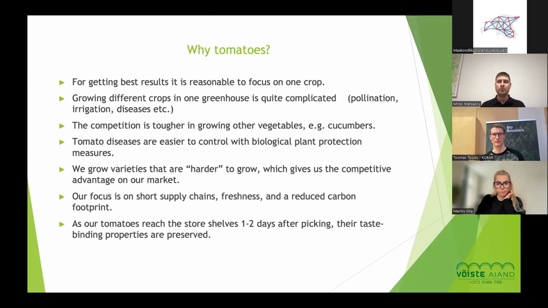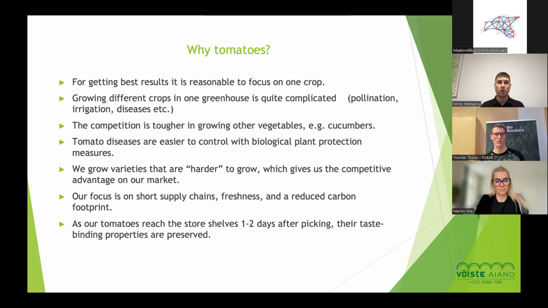And if you are cross-pollinating them, you can get curvy cucumbers. So it's not a very good thing, and it's quite hard to keep the pollinators, bumblebees, away from the cucumber, because the cucumber is much more attractive to the bumblebee than the tomato. Then we saw quite big issues with it, and also cucumber is less resistant to different diseases.